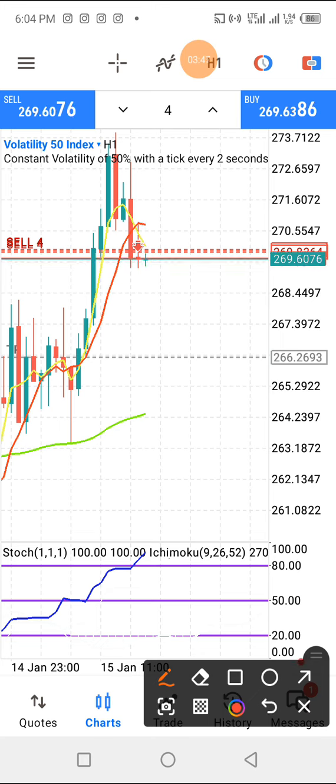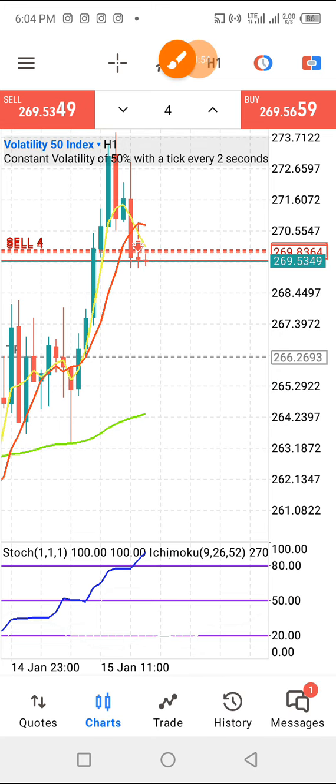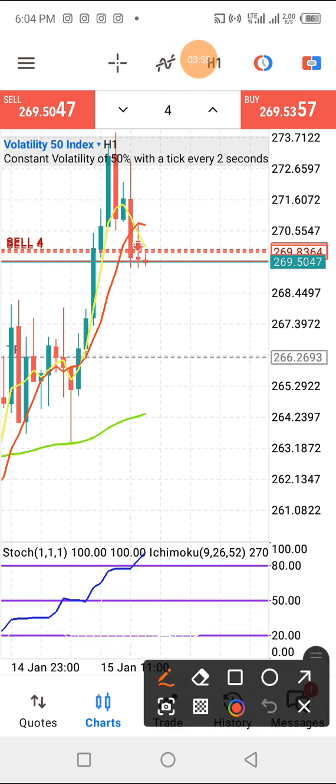The first one is, we can see price breaking out of our first and second moving average, which is the red line and the yellow line in the chart here. You can see it.